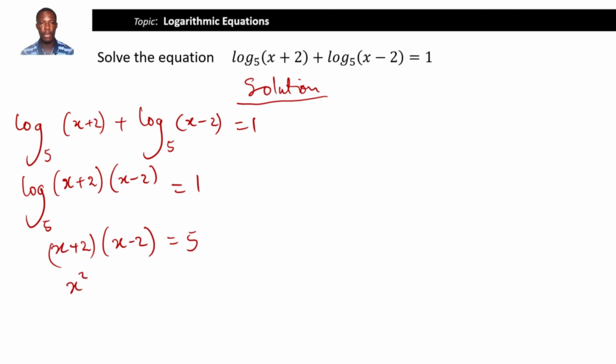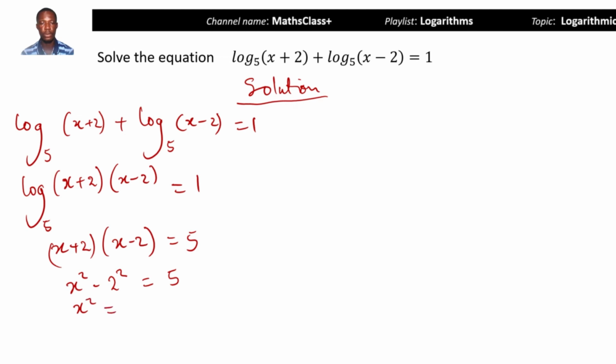So x squared minus 2 squared is equal to 5. And I will have x squared is equal to 5 plus 2 to the power 2, which is 4. So x squared is equal to 9.